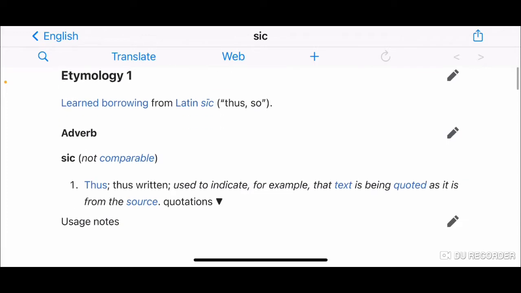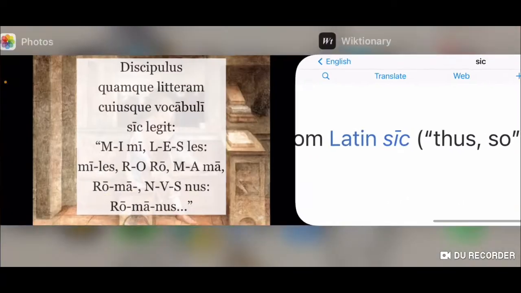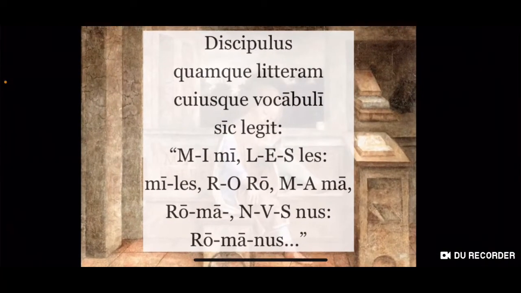Even in English, thus, as written, is used to indicate, for example, that the text is being quoted as it is from the source. It's thus, so. So the student reads thus each letter of each word.